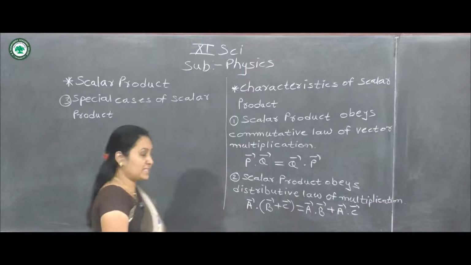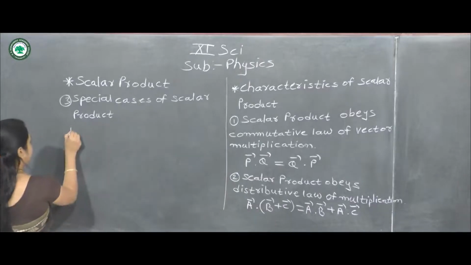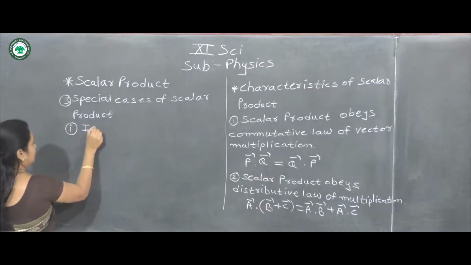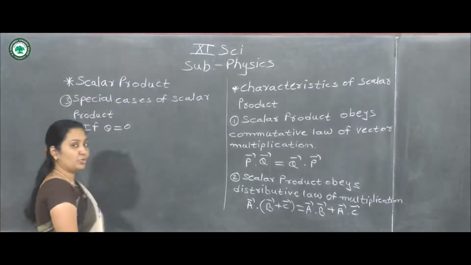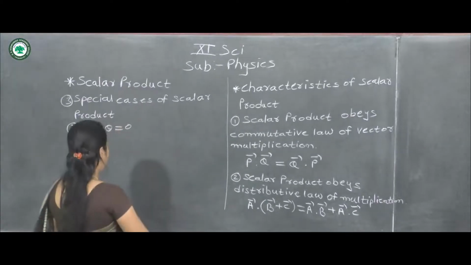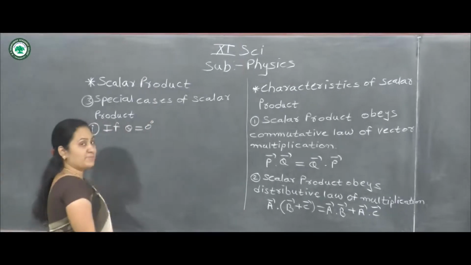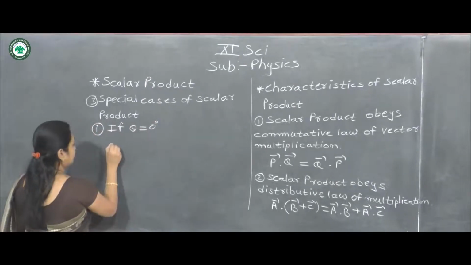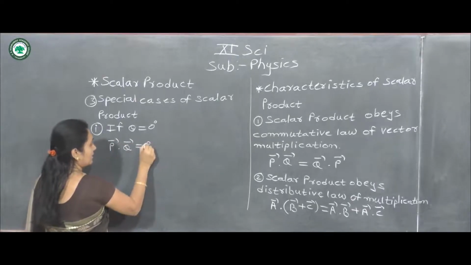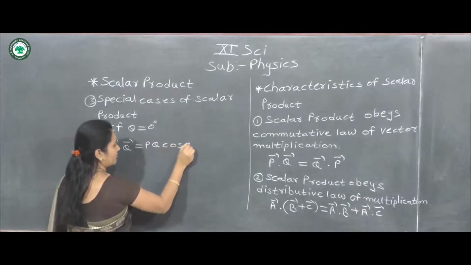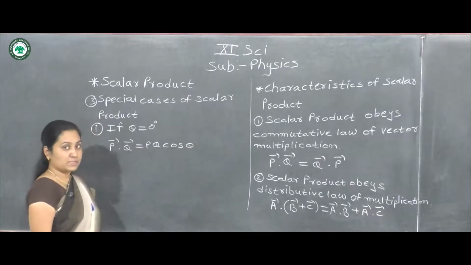So the first case is if theta is equal to 0 degree. We have the formula of scalar product as p bar dot q bar equal to pq cos theta.